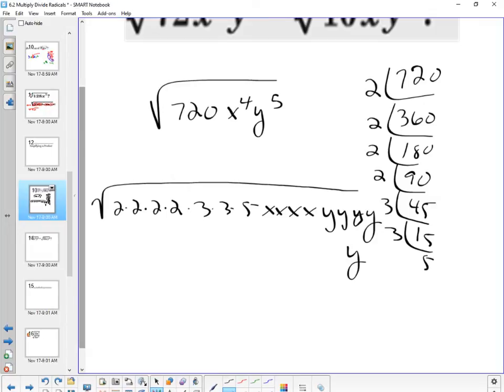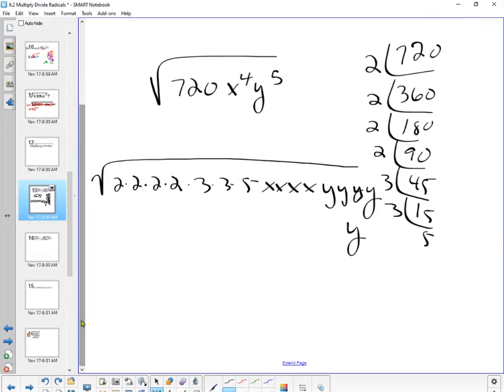Groups of 3? One. What root is this? What's the index? When there's no number, it should be 2. Good.